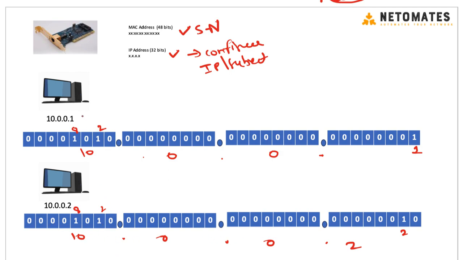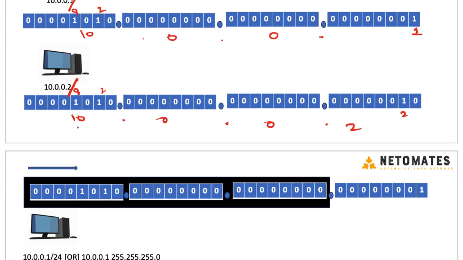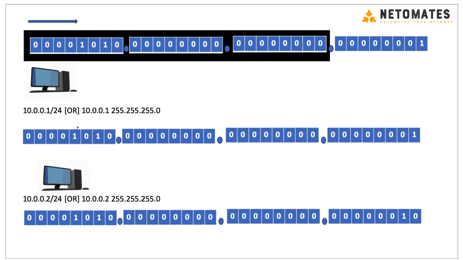So how will we specify the subnet mask? We should include something here so that each computer is able to do some calculation and identify what the other IP addresses in that group are. So in this example, we are trying to give an IP address to a machine.